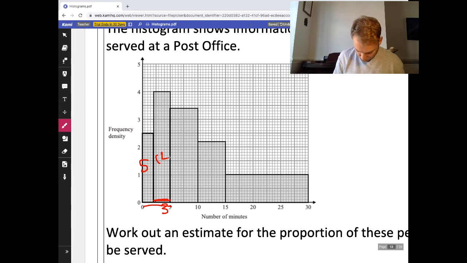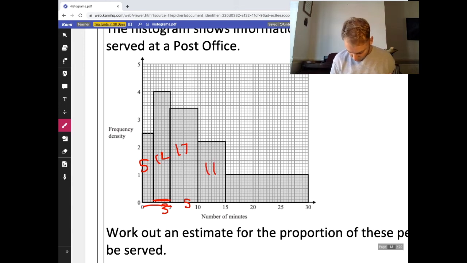So this next one is between 5 and 10, which is 5 across there. So 5 times by 3.4, that is. 5 times 3.4, which is 17 for that one. This one here is going to be between 5 and 10 times by 2.2. So 5 times by 2.2, which is 11.